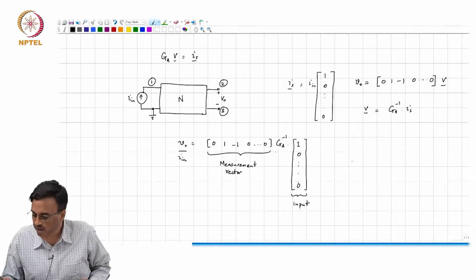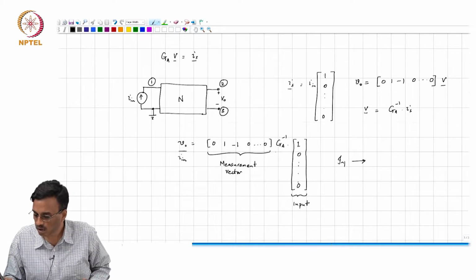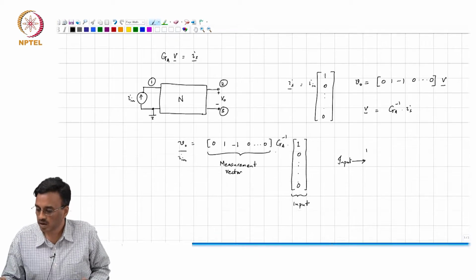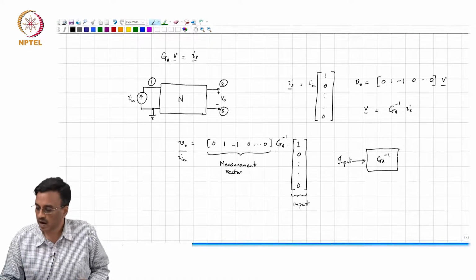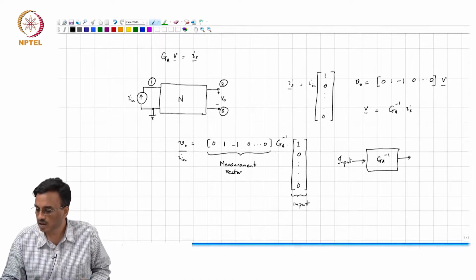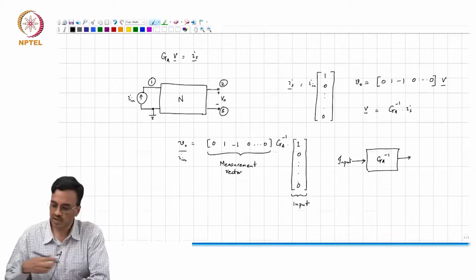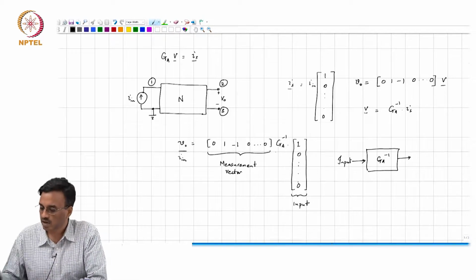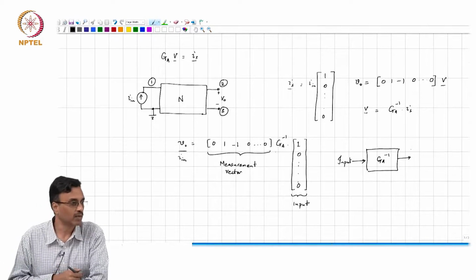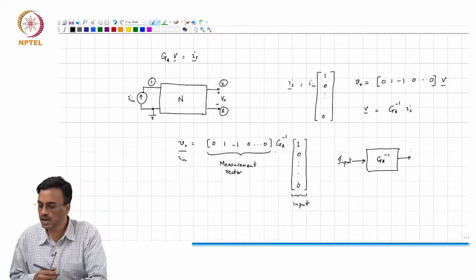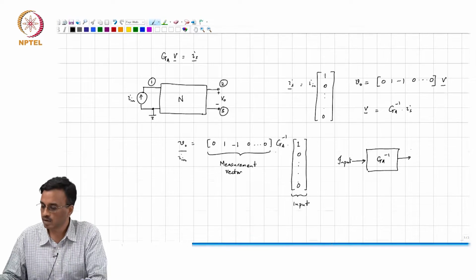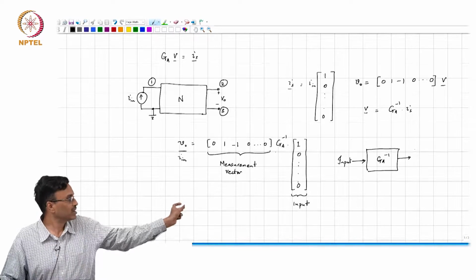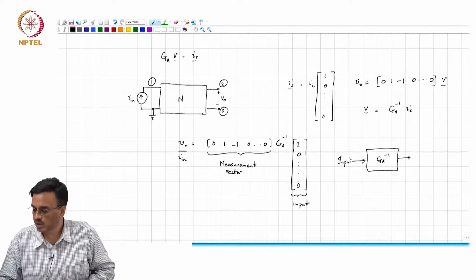You have the input, it gets multiplied by a matrix G_A inverse, and produces an output, which is G_A inverse times the input, and then you multiply this by the measurement vector.